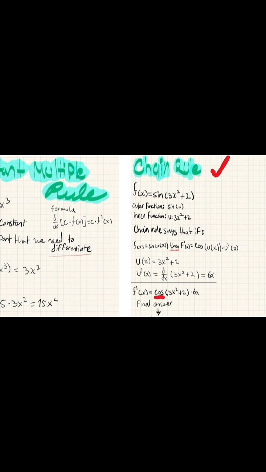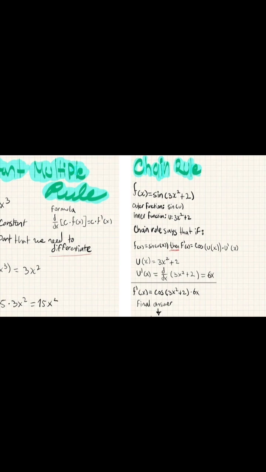The derivative of sin is cos, and we have u right here, u of x. We said it at the beginning. It's our inner function called u, and then multiply it by u prime of x. That is the derivative of u. We did it right here. It's 6x, and this is our final answer.